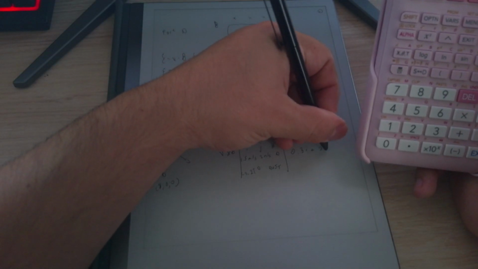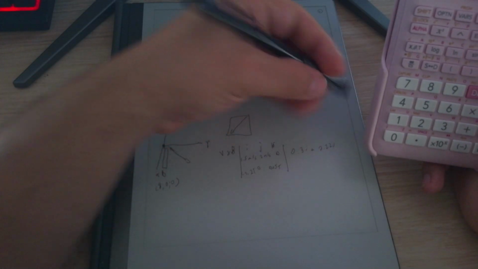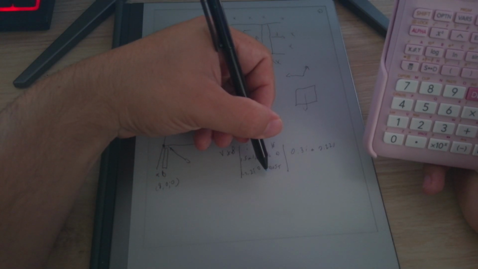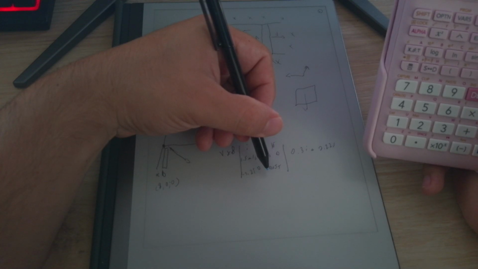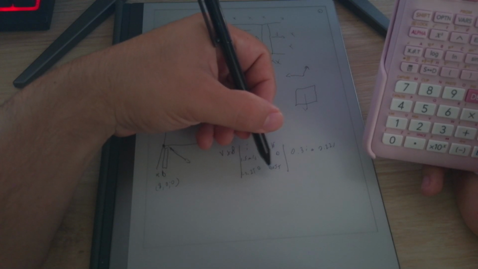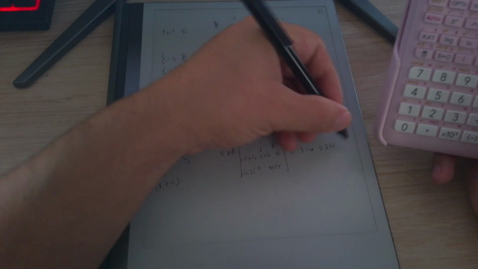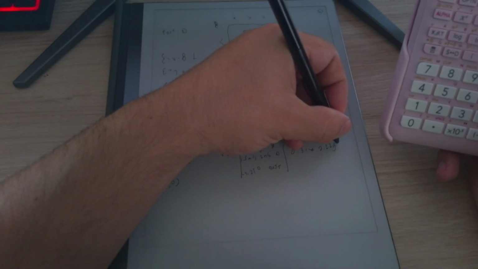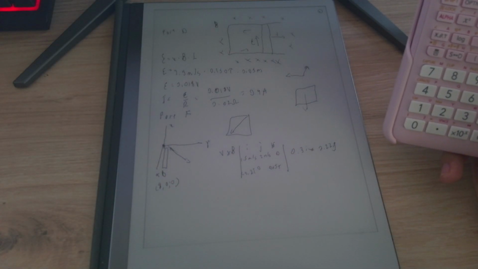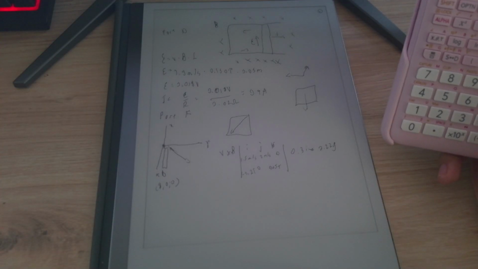This would be 0.225. And this one is negative because it's minus J, that's how the cross product is. I'm just doing this very simple and fast.